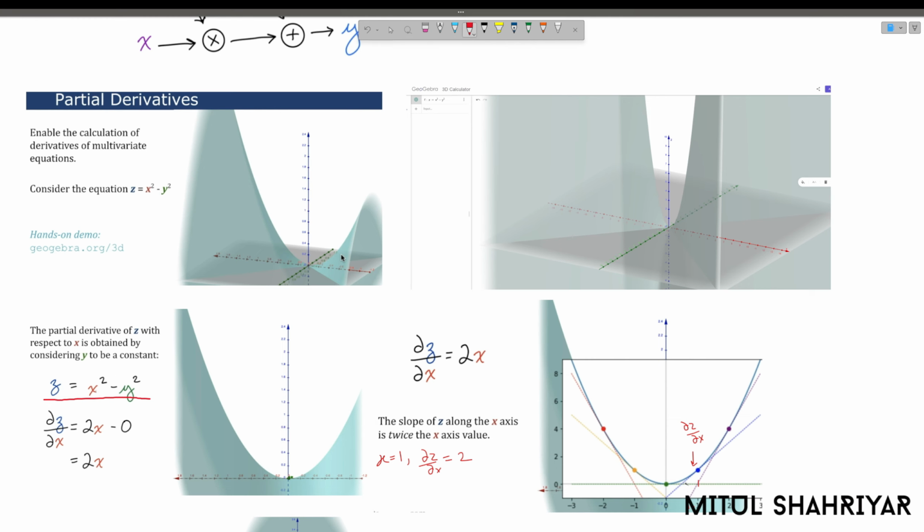So for example, let's go to GeoGebra and check this out. Let me just go there, 3D.